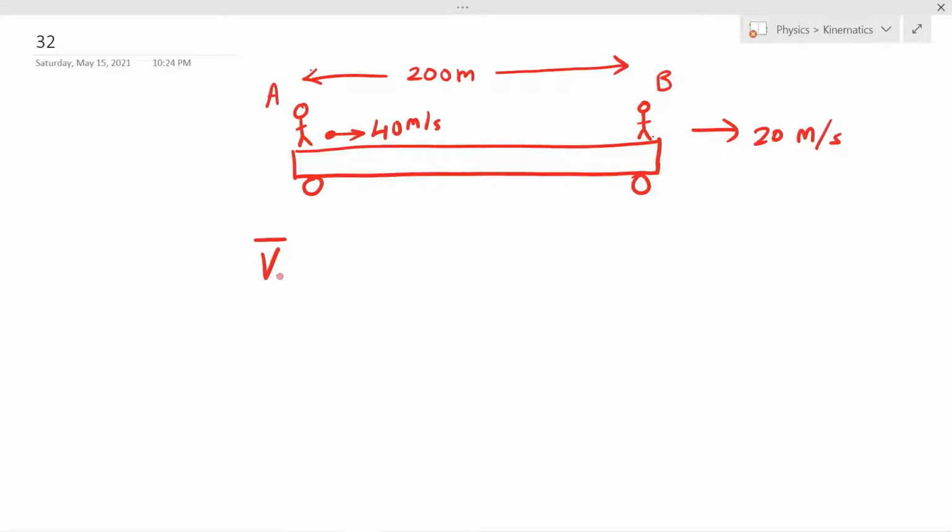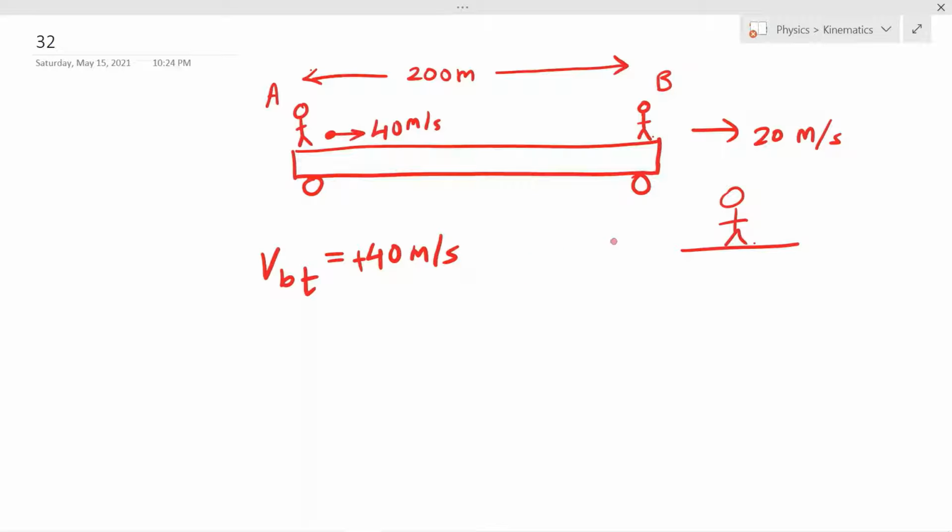So the velocity of the ball B with respect to the trolley T is equal to 40 meters per second, and it is in the plus direction, that is, towards right. So this is the velocity. Now what will be the velocity of this ball with respect to an observer standing on the ground?